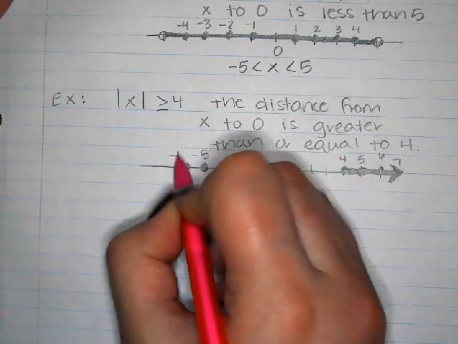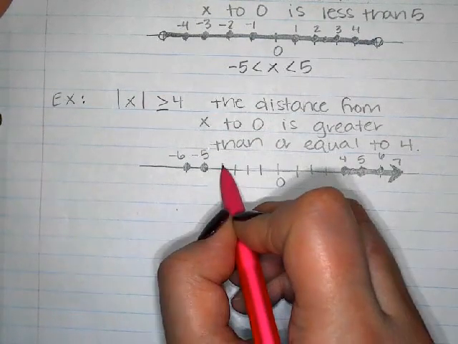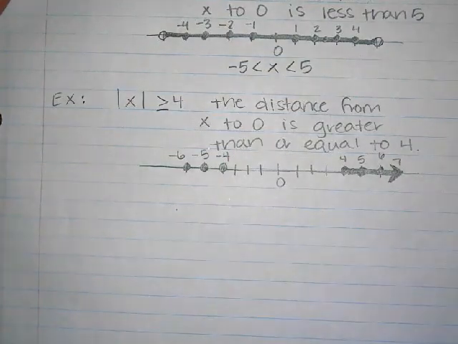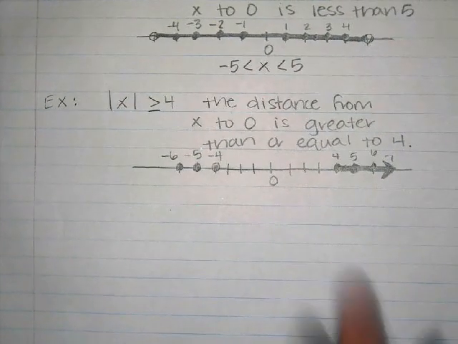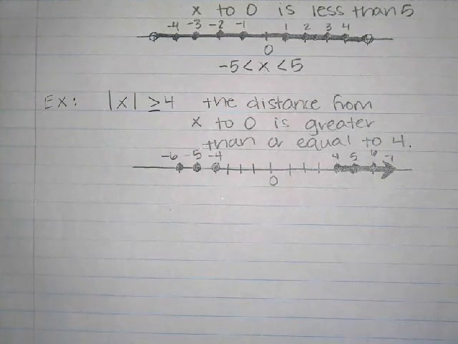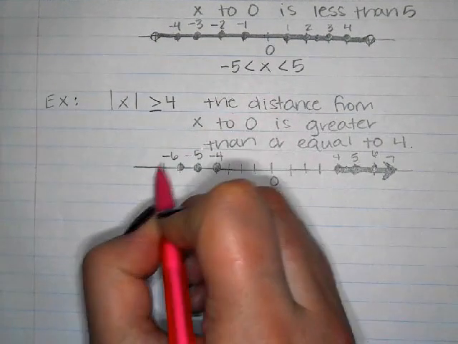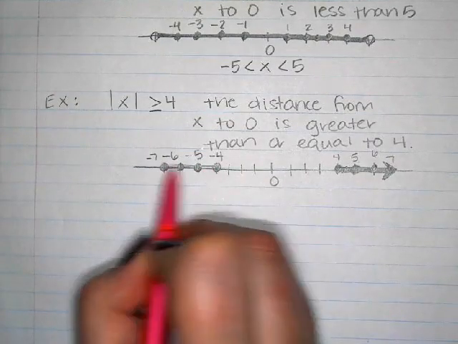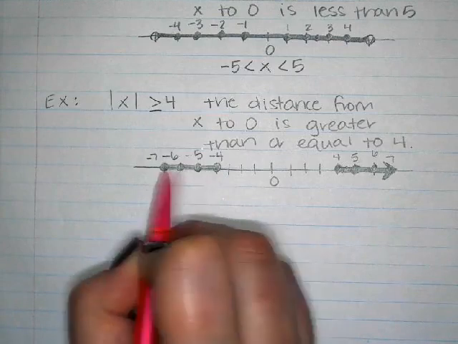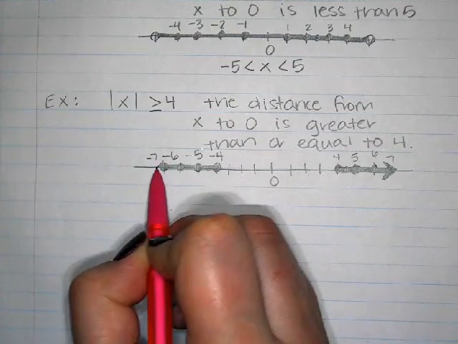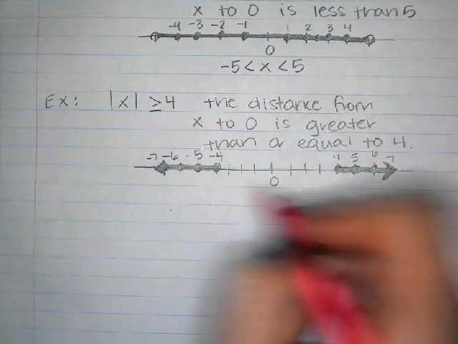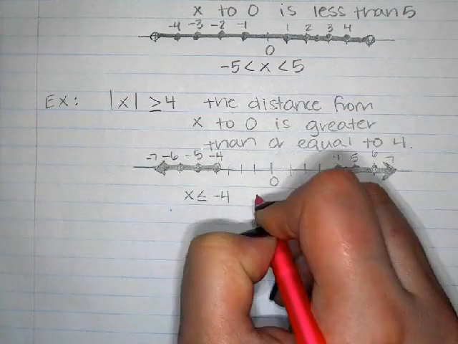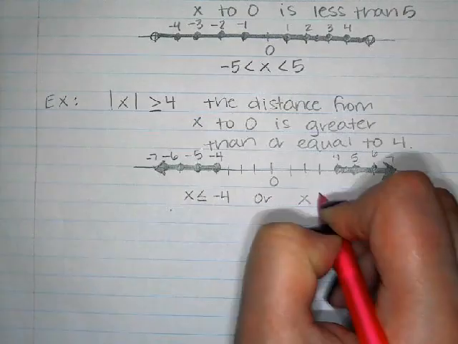It says equal to 4, so I heard somebody say -4 would be okay because it can equal 4 exactly. What else? -7. Okay, so these we would shade going this way. So we would say x is less than or equal to -4, or x is greater than or equal to +4.